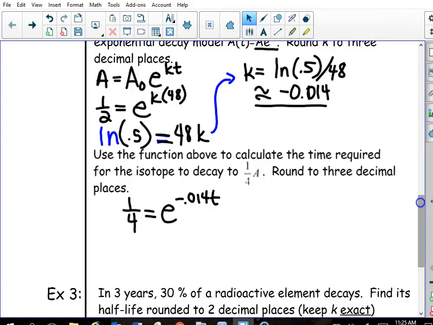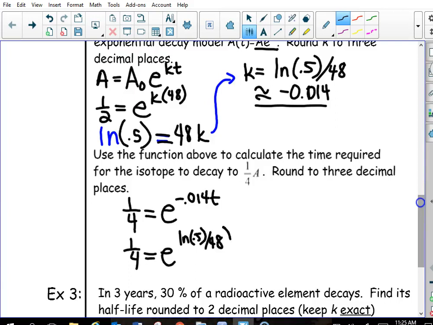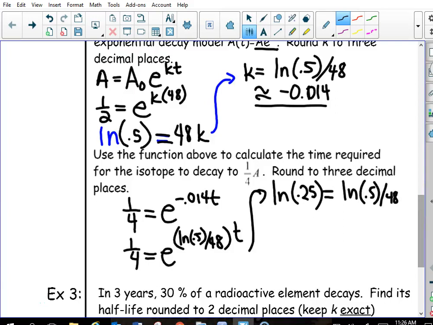So how do I solve this? I'm going to go back to using the exact value for k, sorry, e to the ln 0.5 divided by 48 times t. I'm going to apply an ln to both sides. That gives me ln of 0.25 is equal to ln of 0.5 divided by 48 times t.